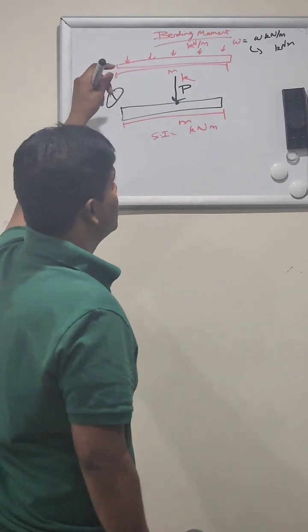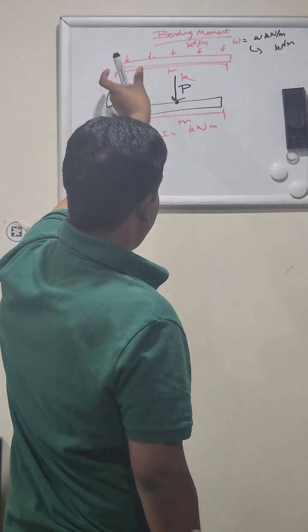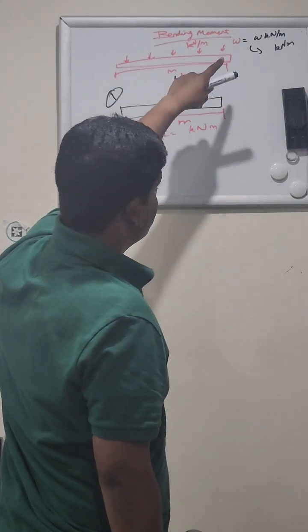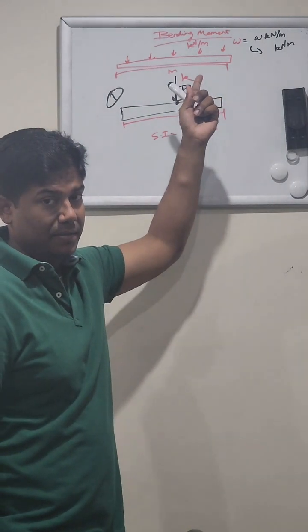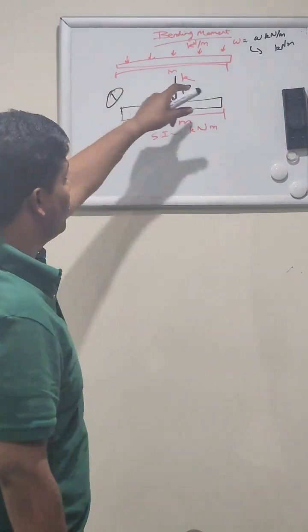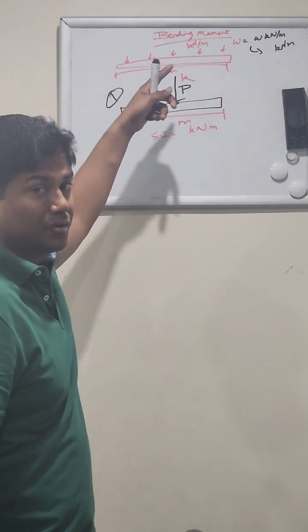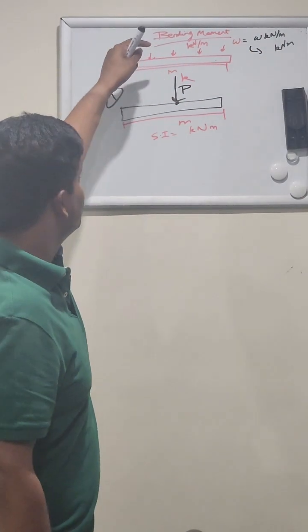In order to bring it down to kilonewton meter, we need to multiply it by its length.